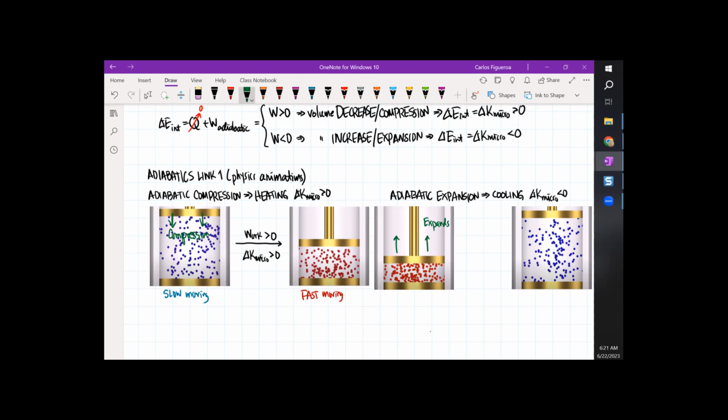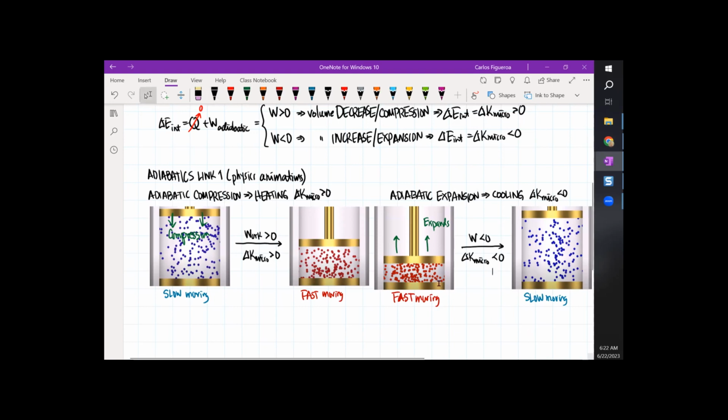And so again, we go from fast particles to slow moving. And again, it's the gas collisions that actually cause this. So when I look at this, the work is negative, and therefore the change in the microkinetic energy has to be negative.